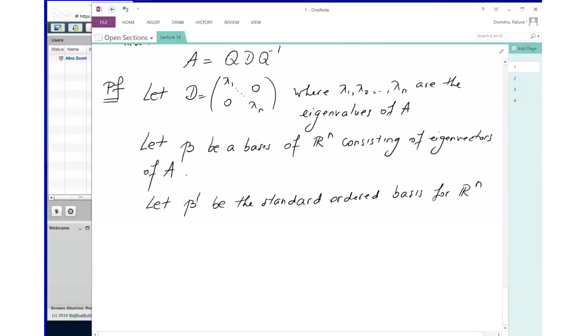What's that? e1, e2, ..., en, right? 1, 0, 0, then 0, 1, 0, and so on. We've seen before that the matrix of the left multiplication operator by A in the standard basis, which we call beta prime here, is A itself.